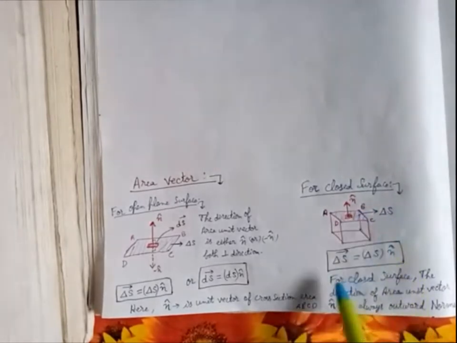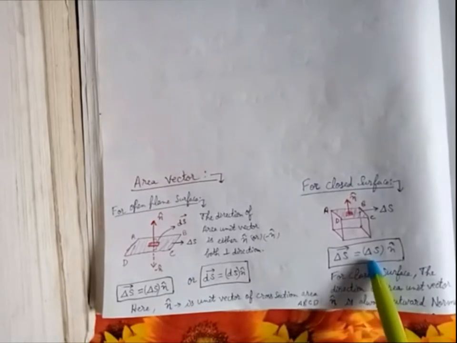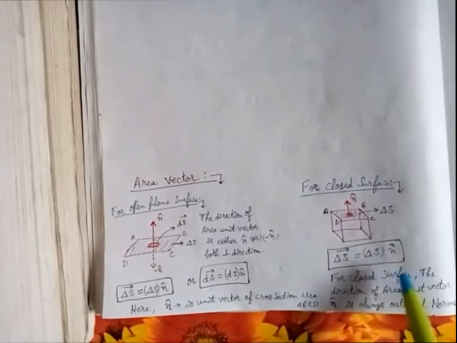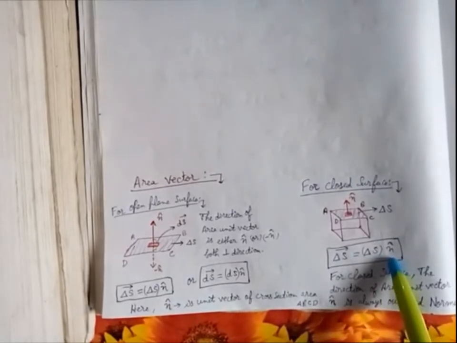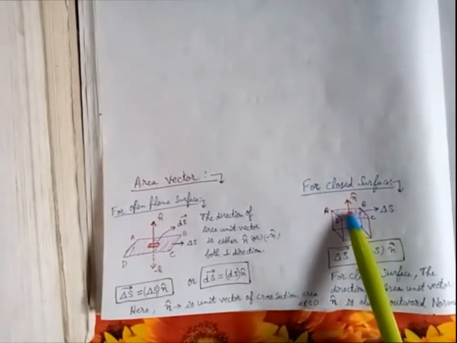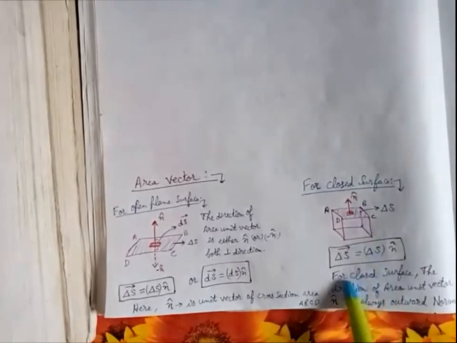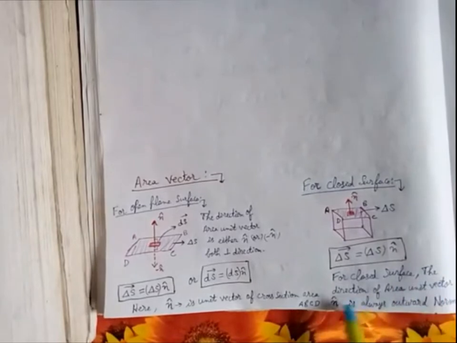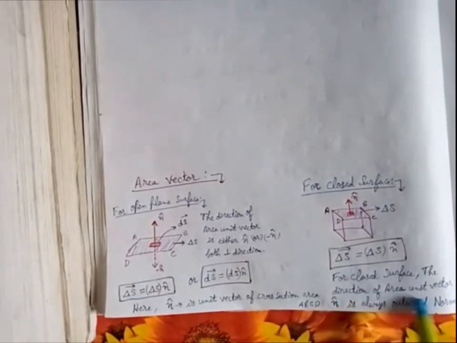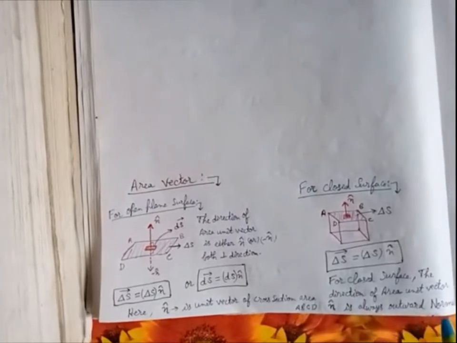So delta S is the area vector, equal to delta S, the magnitude part, and n cap is the unit area vector of that cross sectional area ABCD, which is the perpendicular outward normal, because for the closed surface the direction of the area unit vector n cap is always outward normal.